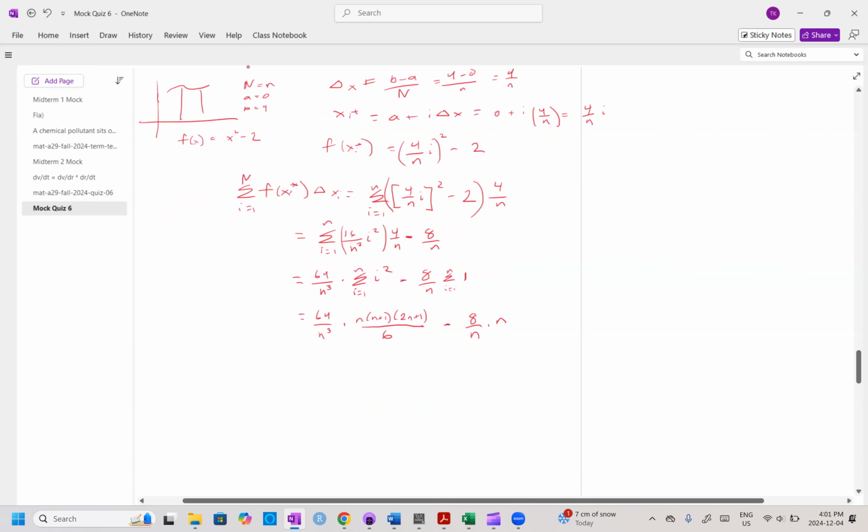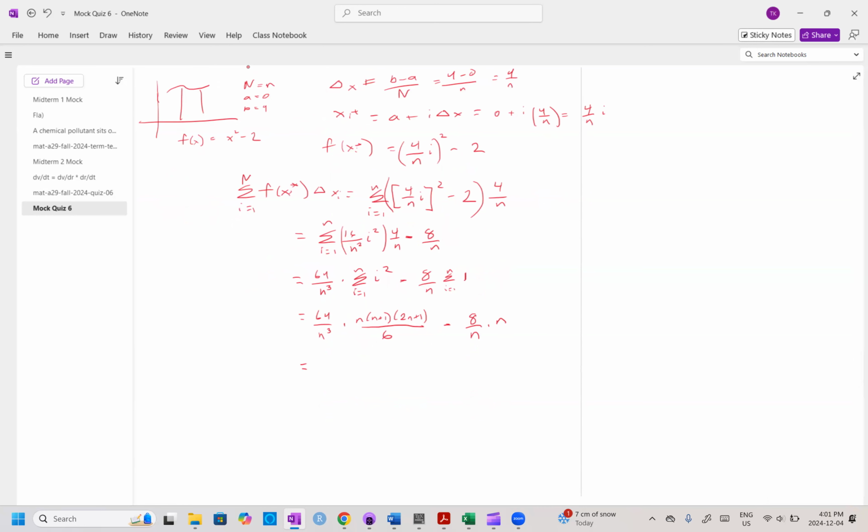Simplifying this a little bit gives us 32 times n plus 1 times 2n plus 1 all over 3n squared, minus 8.